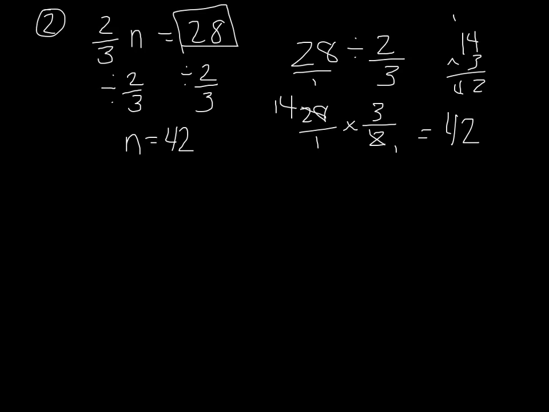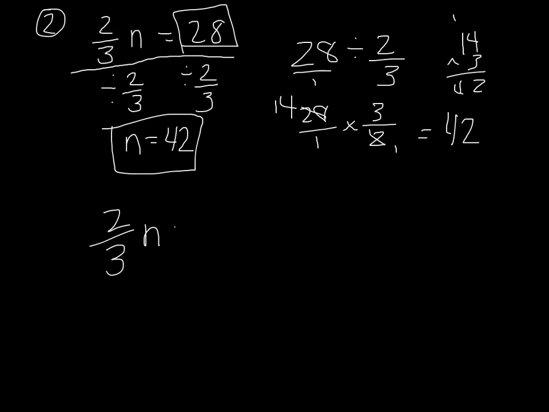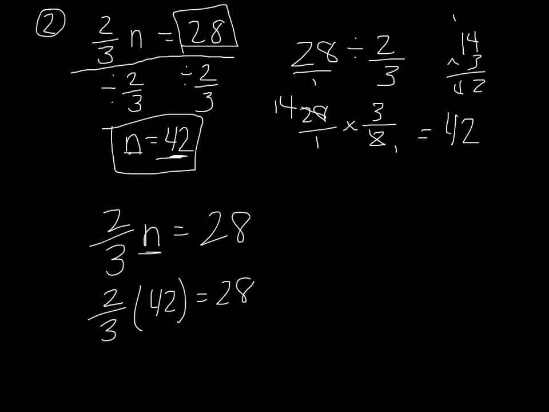Now I had a question before on how do we check our answers on this. We just go back to our original equation, 2/3 n equals 28, and instead of my n, I'm going to plug in what I figured out n was. So I would say 2/3 times 42 equals 28. Then I would have 2/3 times 42/1.